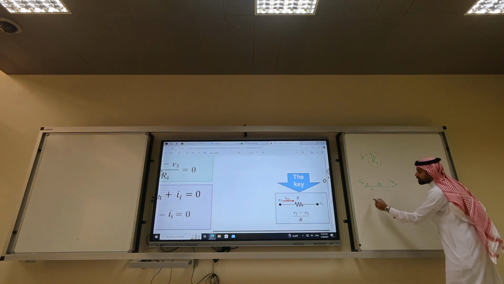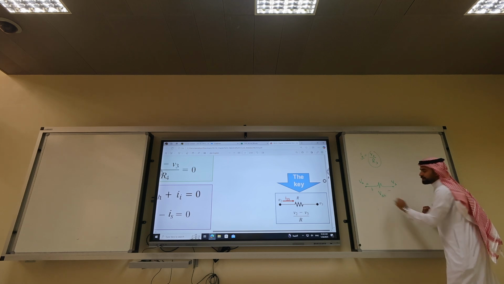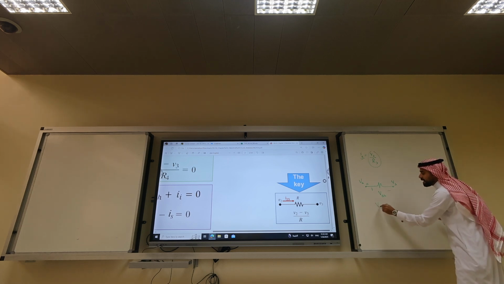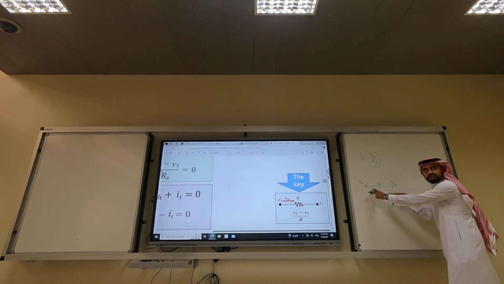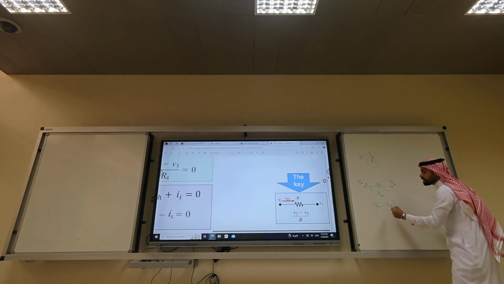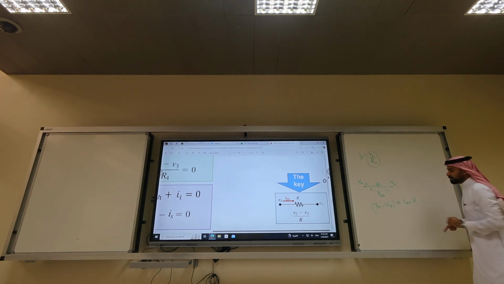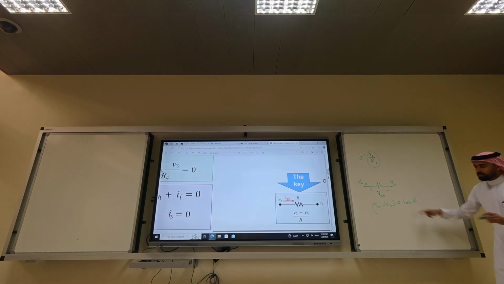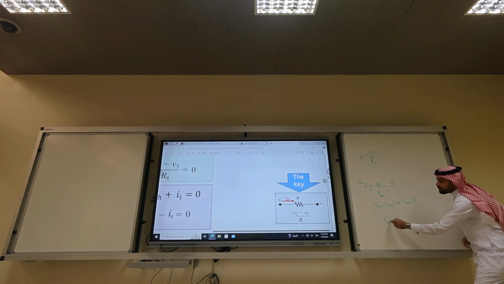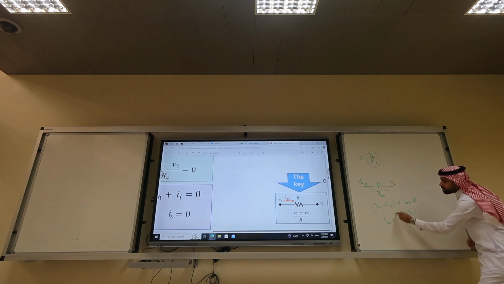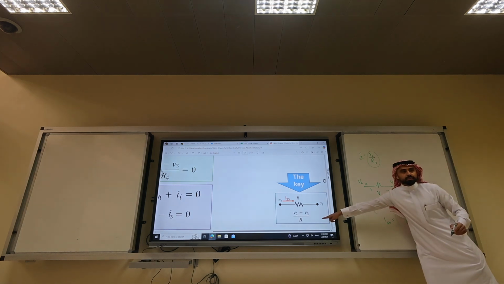So in reality, I told you before, this is VAB, right, which is VA minus VB. The voltage drop across this element is VA minus VB. Using Ohm's law, it equals IAB times R. But I want to calculate IAB, so IAB equals VA minus VB over R, which is similar to that.